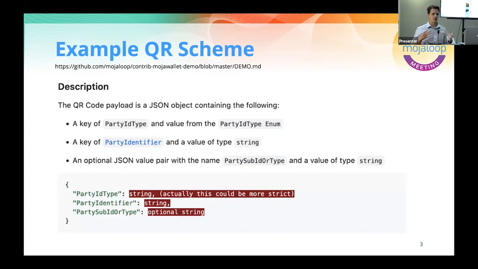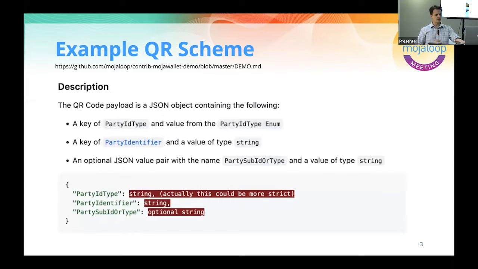We developed a very simple QR code scheme. This is not one that you would ever want to take into production, but it's one that works for the demo, where we have the party ID type, a party identifier, and then the optional sub ID, which is based on the closed loop API.